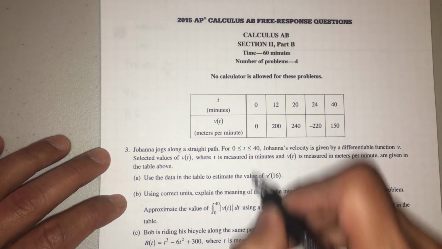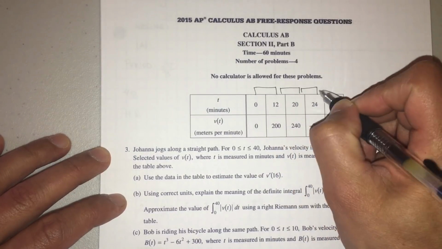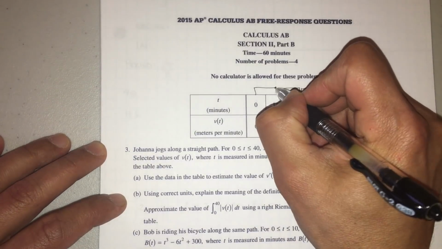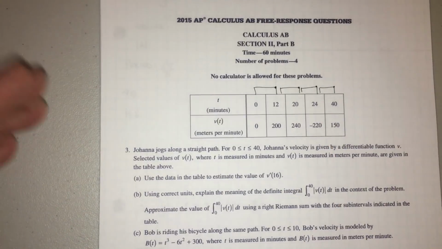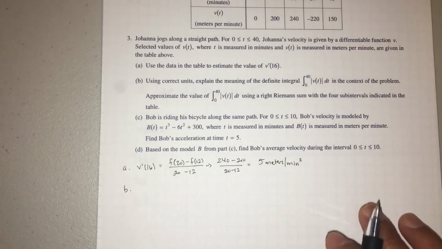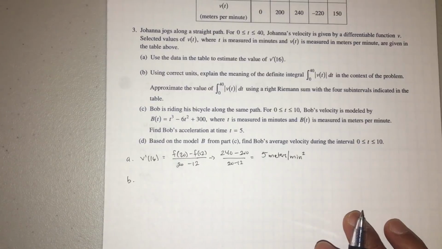Set it up: 1, 2, 3, 4, and they want to use the right, so on the right corner, 1, 2, 3, 4. So I should have four little expressions.